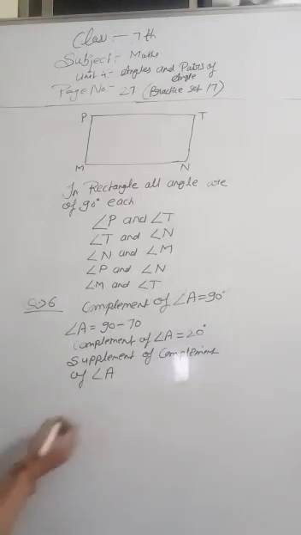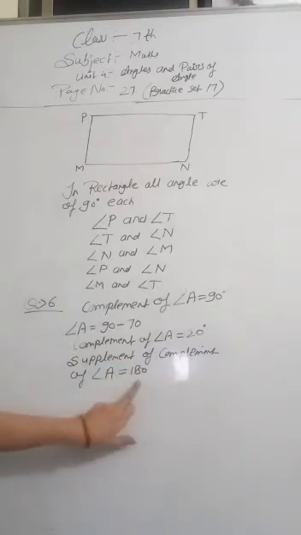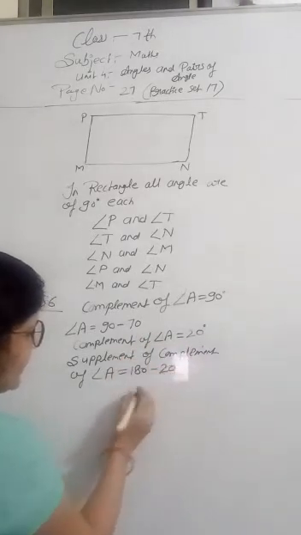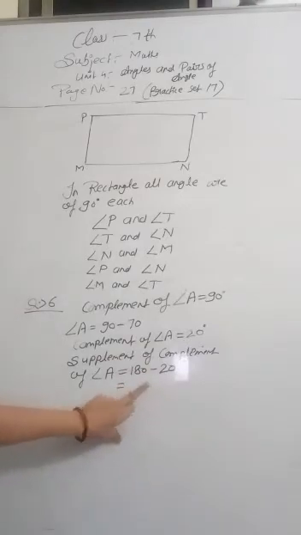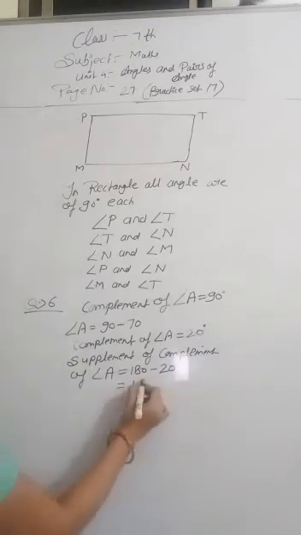So we write 180 minus the complement angle we found, which is 20. So 180 minus 20 equals 160.